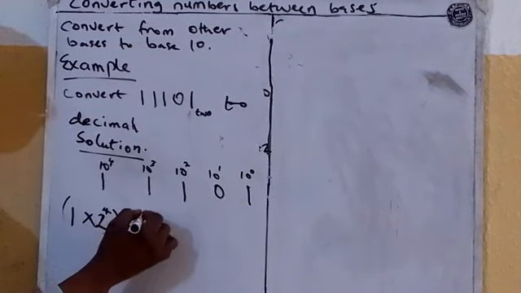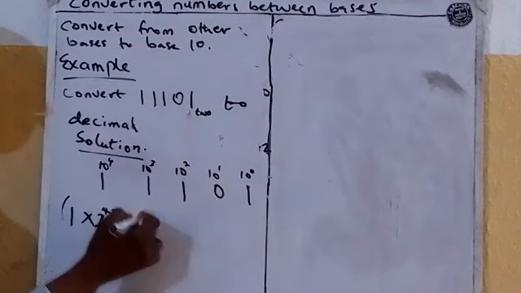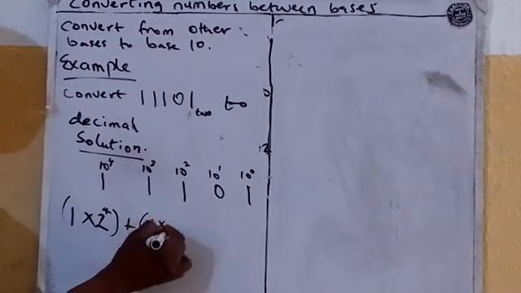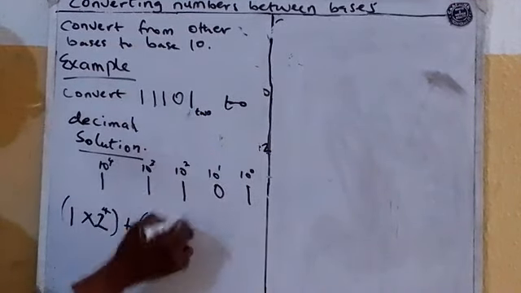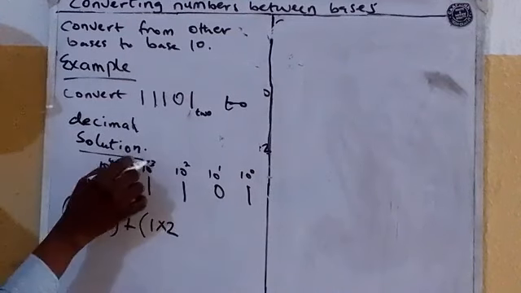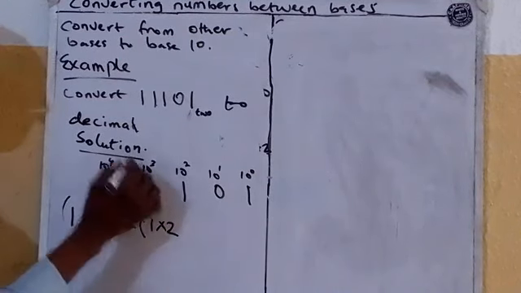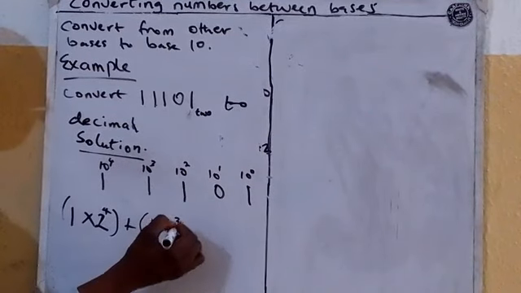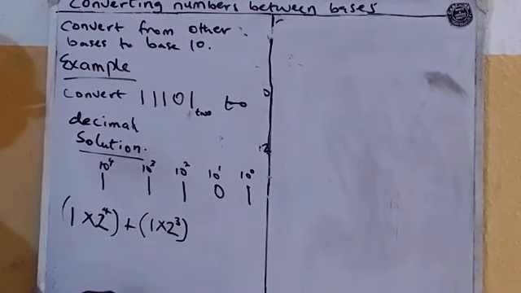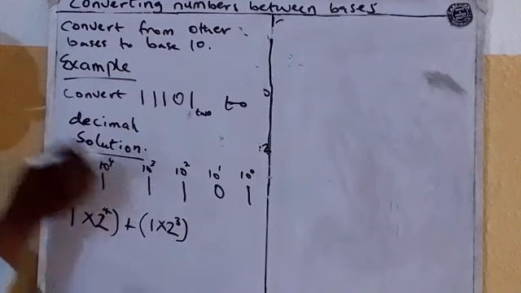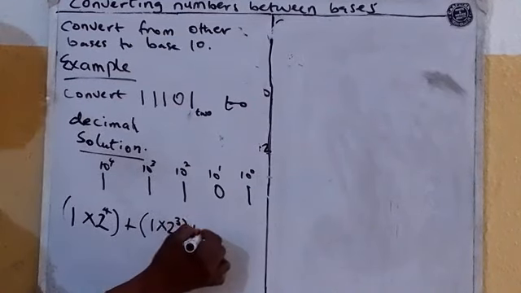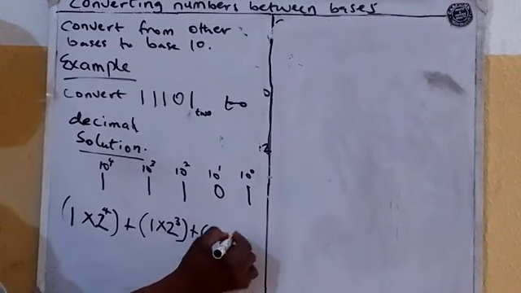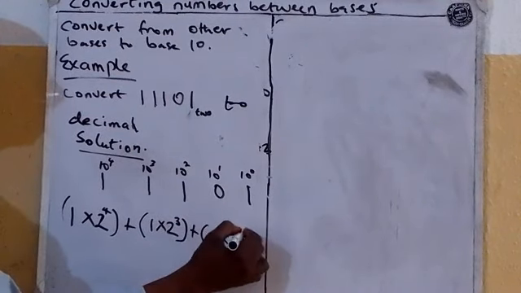I'll now say plus, then I'll take this other one again, open bracket, 1 times 2, the base. You understand? Raised to the power of 3, the position of the tenth there is a 1,000. Sorry, this is 10,000, it's 1,000. Okay? Then plus 1 times 2 raised to the power 2.